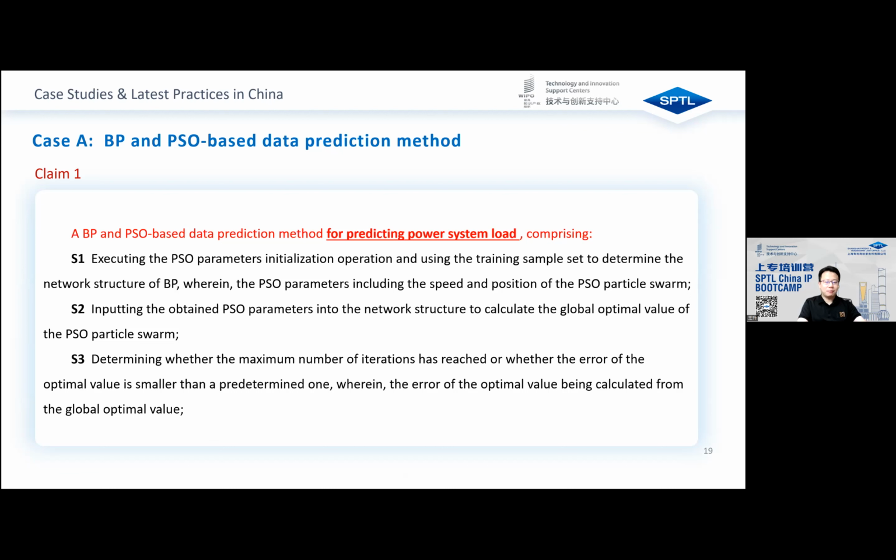PSO parameters include the speed and the position of PSO particle swarm. However, as people with algorithm background know, the speed and the position of PSO particle swarm are purely mathematical definitions.